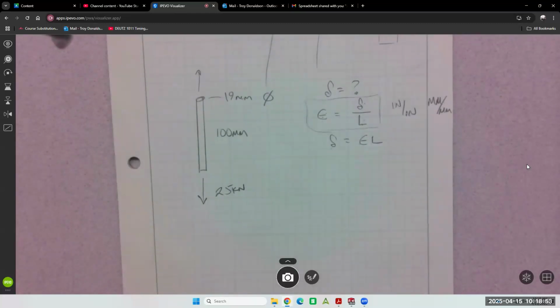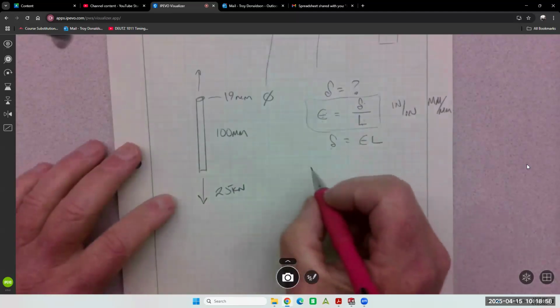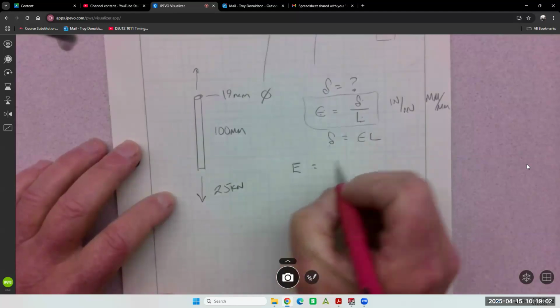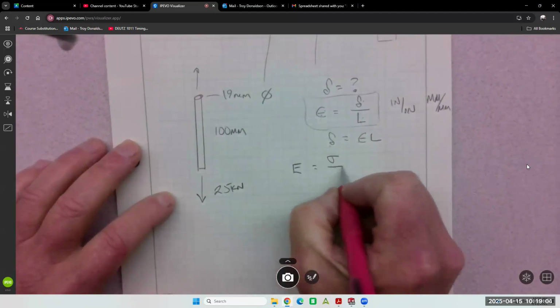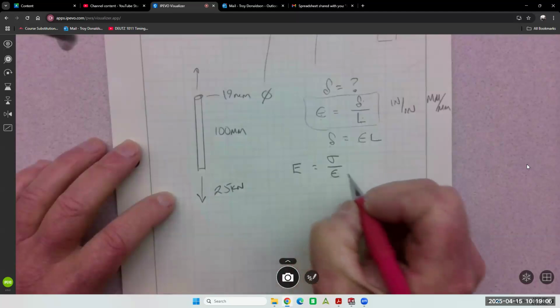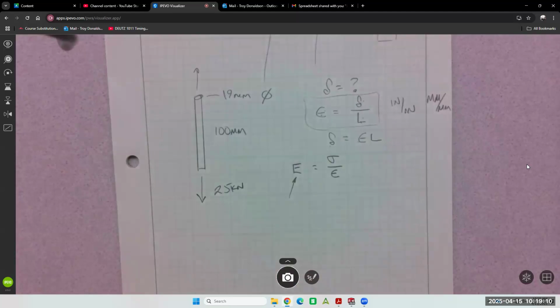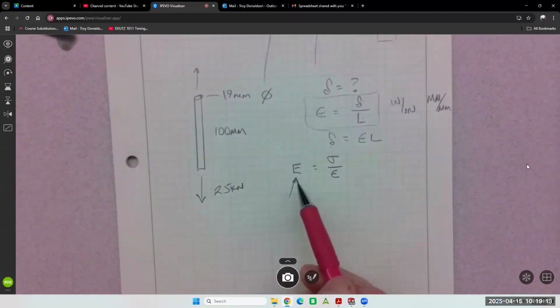All right. So if we could get strain, well, that's when we introduced modulus of elasticity is equal to stress over strain. This modulus of elasticity, what is that? Is that a material property?